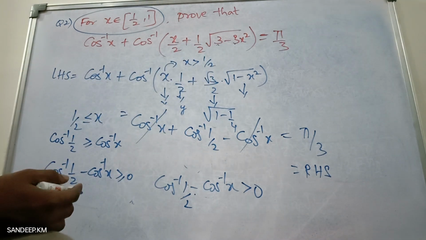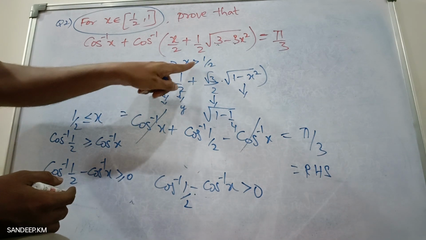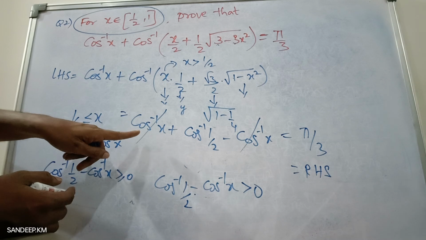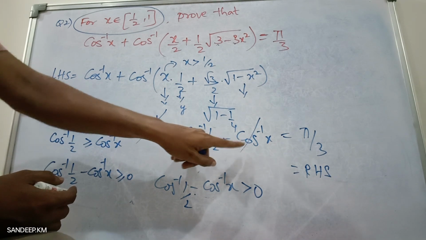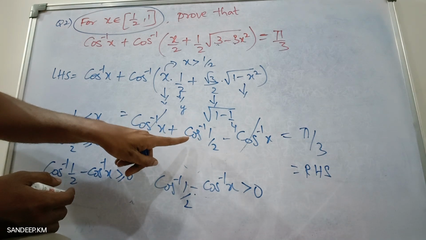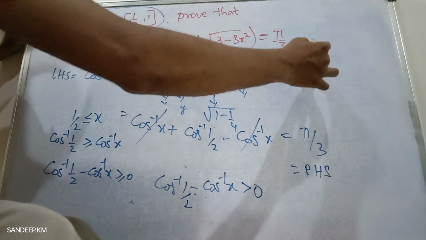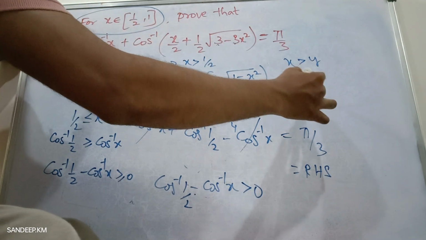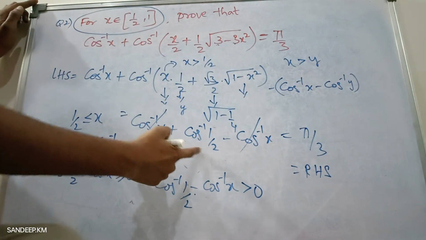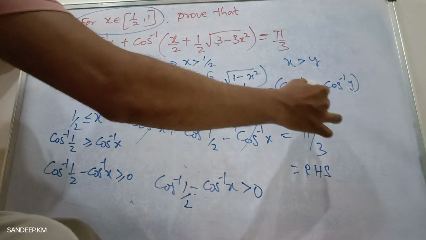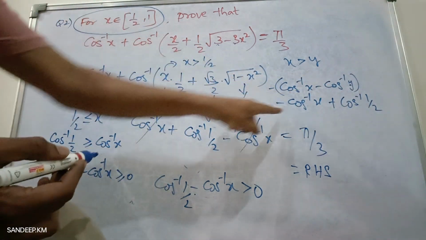Since x is greater than 1 by 2, if x is greater than y, I should write negative of cos inverse x minus cos inverse y. So that is what I have written here, negative of cos inverse x minus cos inverse y, where y is 1 by 2. So this is what I have written here.